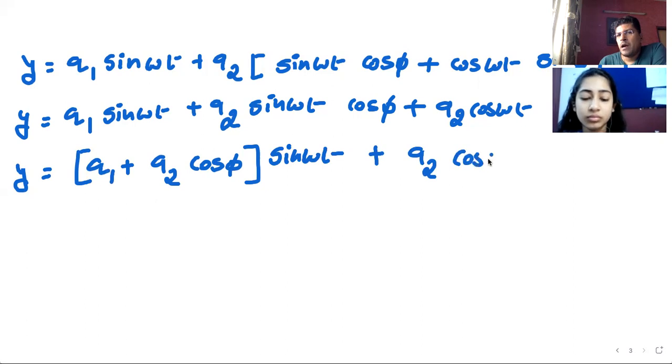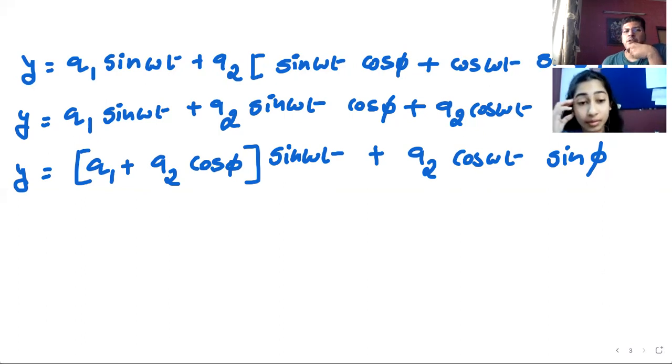Again I am bringing out cos omega t, and I have sin phi. I have something to place its values here: a1 plus a2 cos phi, and a2 sin phi. I want to place their values.